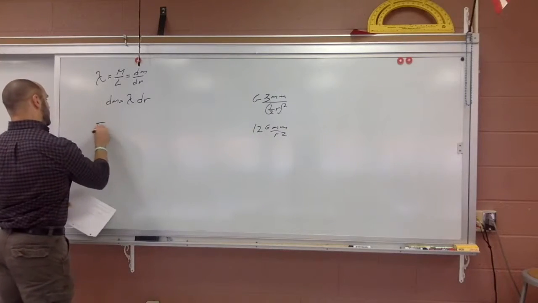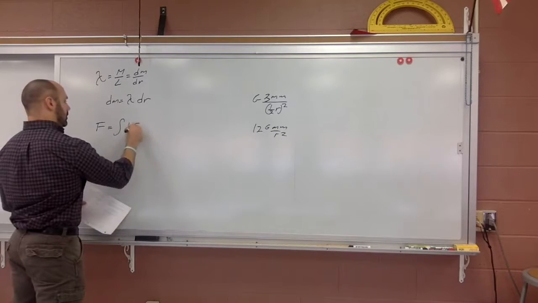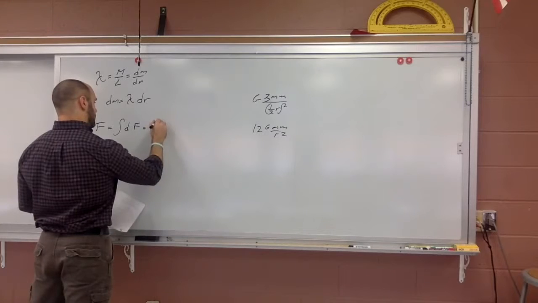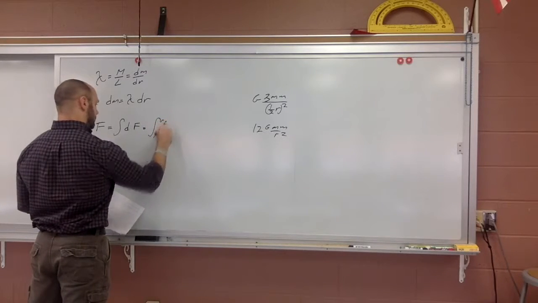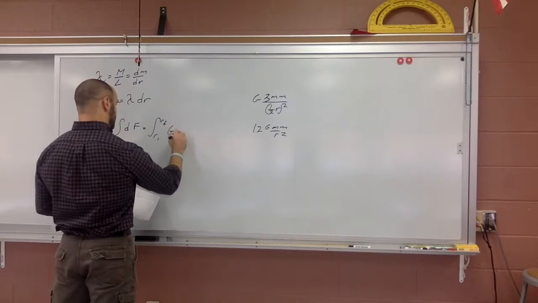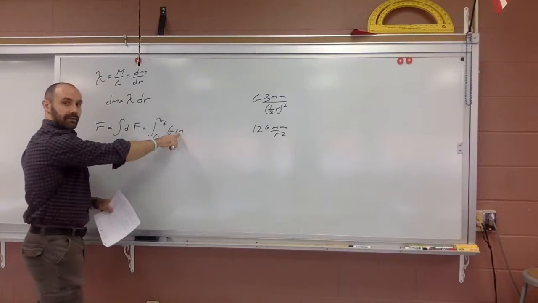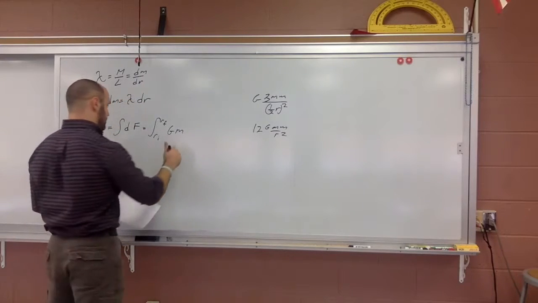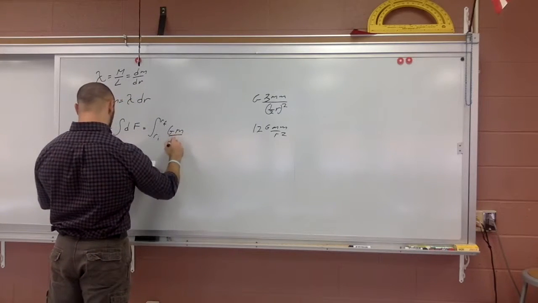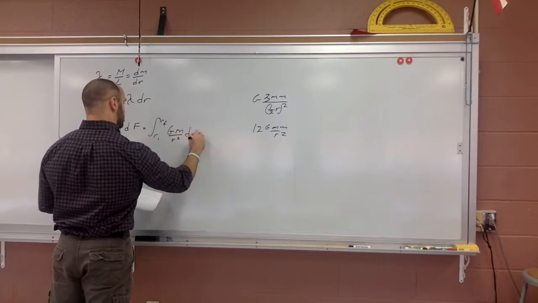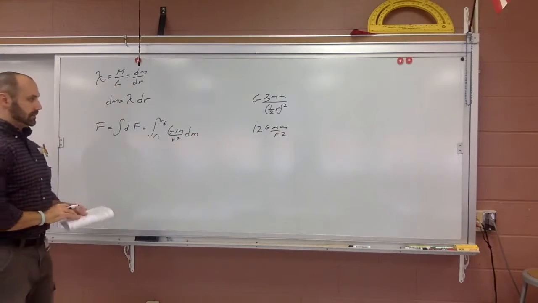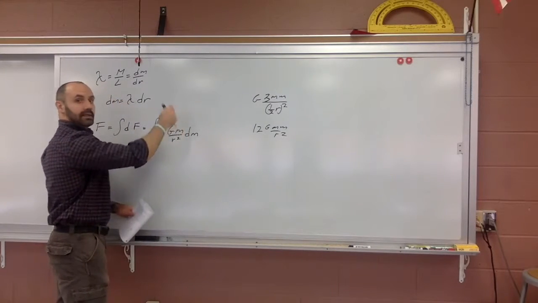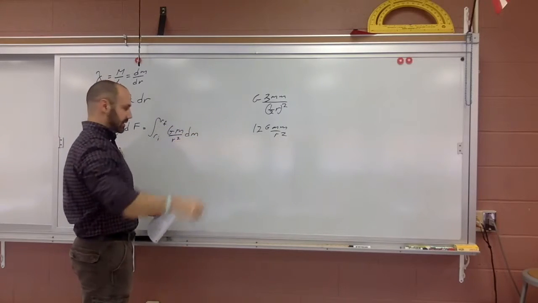And so F is we're adding up all of the little forces that are there, and that's going to be from R initial to R final of Gm. This is the mass of the point particle m. It's over there. Gm over r squared dm.